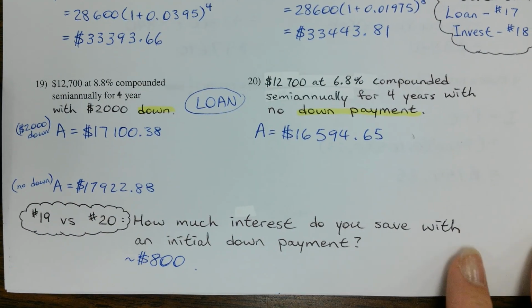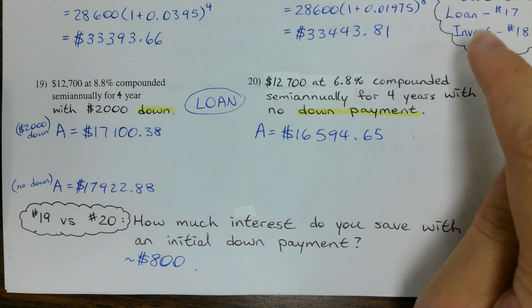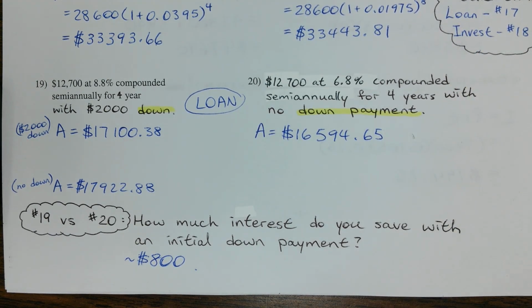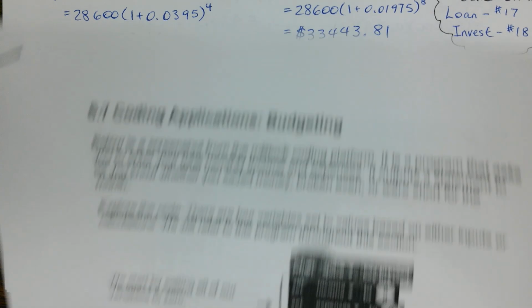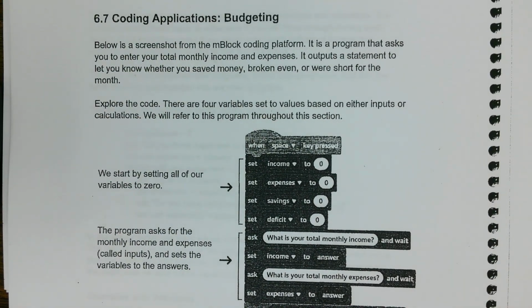Okay, and depending if it's a loan or an investment, your way of thinking should be a little different. Okay, so that's the lesson on simple interest, compound interest. We're going to shift our attention to coding on paper.